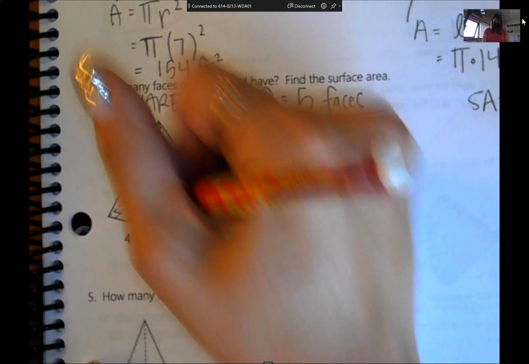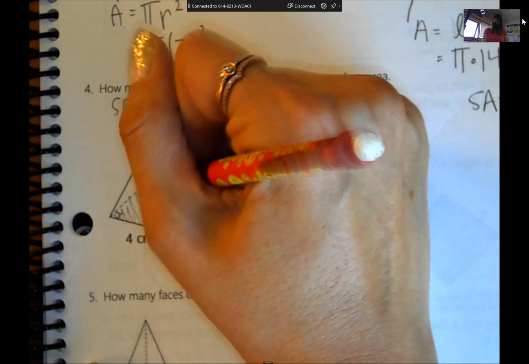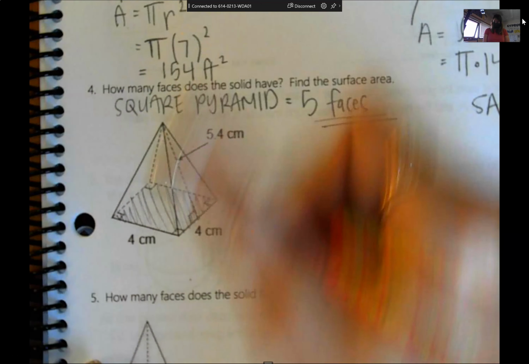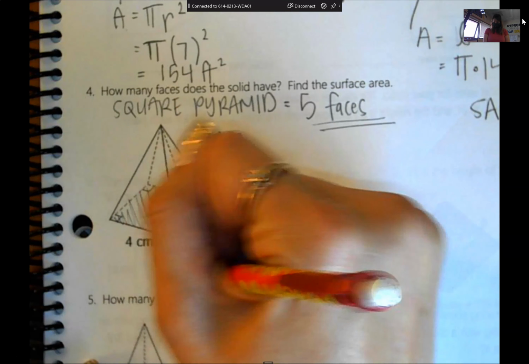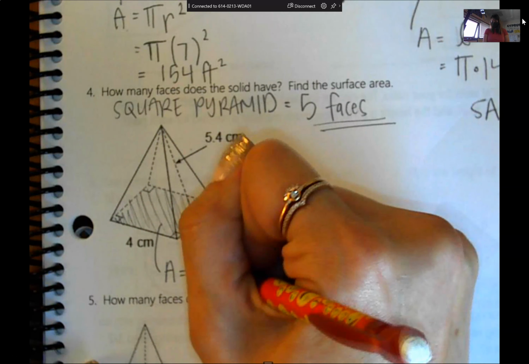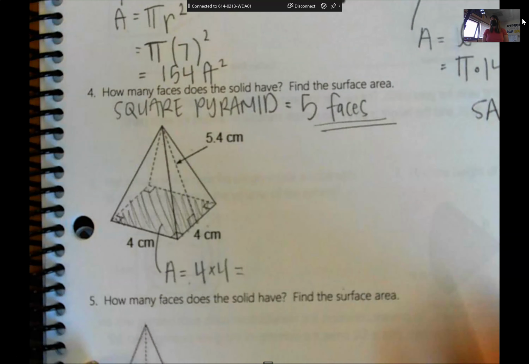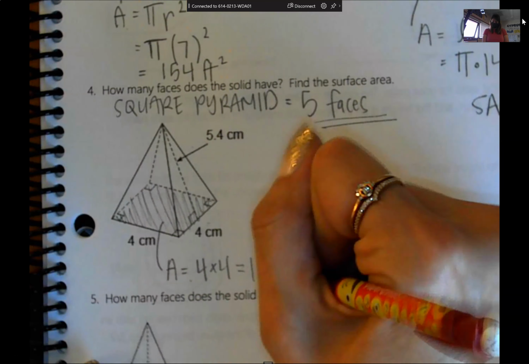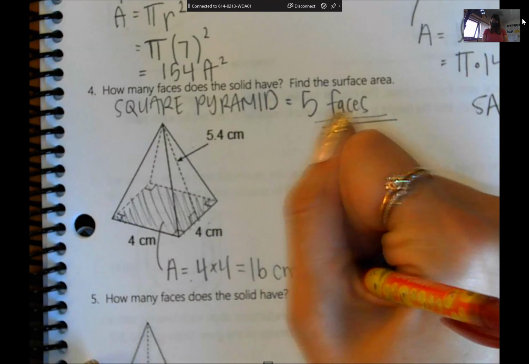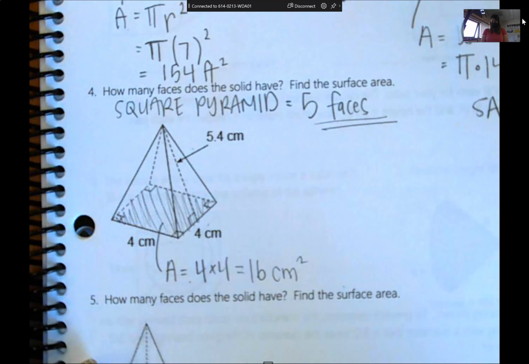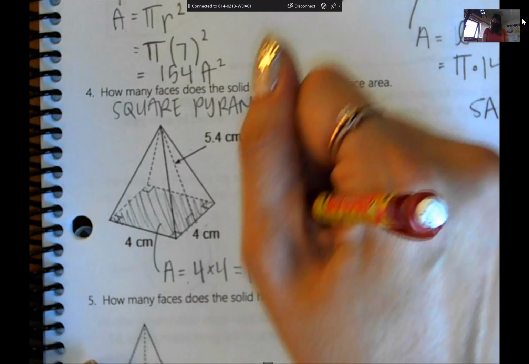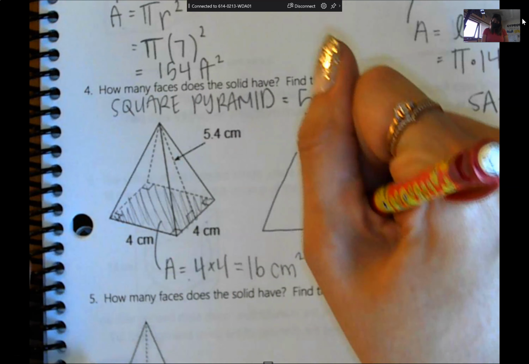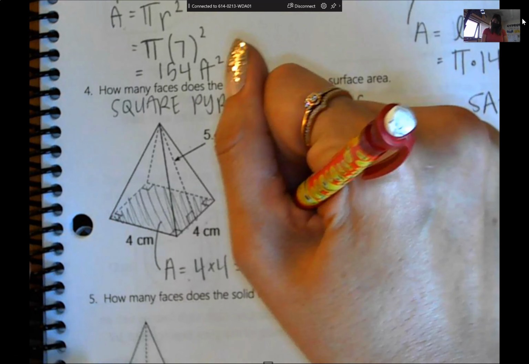Okay, the area of the bottom is going to be super easy. Area of the bottom is 4 times 4 because it's length times width. You guys are okay with that, yes? So 16 centimeters squared. Now, just to add a little bit of clarity, I will draw one of the triangle faces.